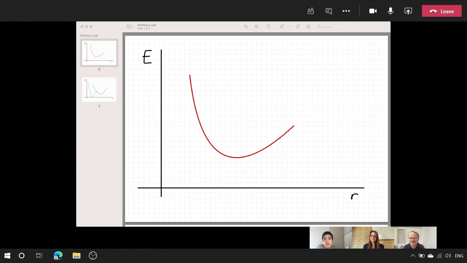Okay, so since I'm seeing a minimum energy on the graph, I guess there should be an equilibrium separation between two atoms, which is right at the minimum point there. And beyond that separation, the force should be attractive.